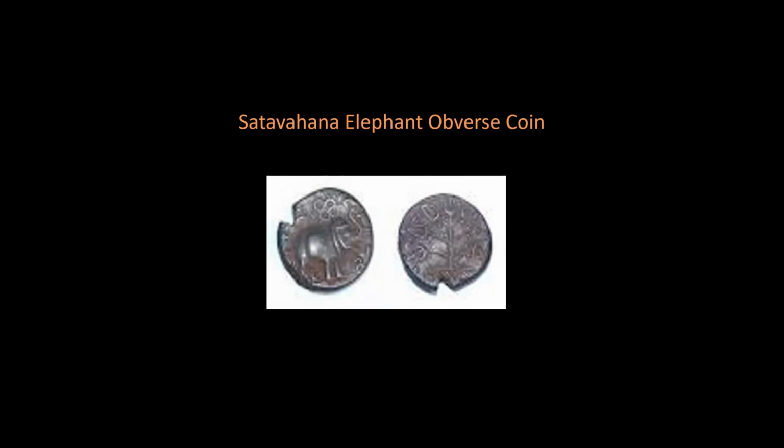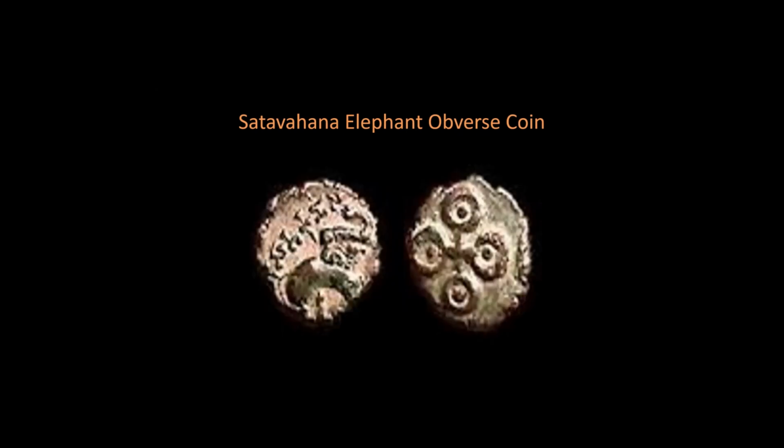On this Satavahana coin, the elephant was a common motif, with a tree in railing on the reverse.